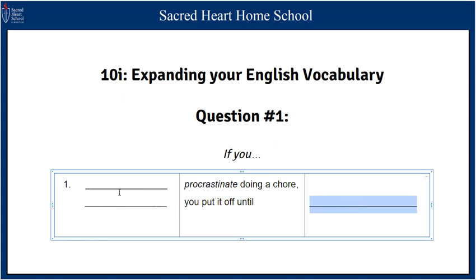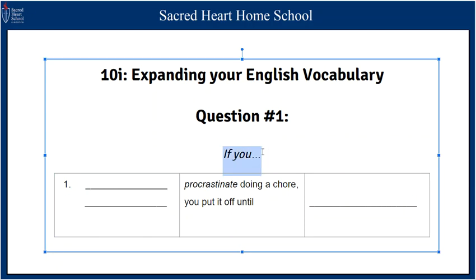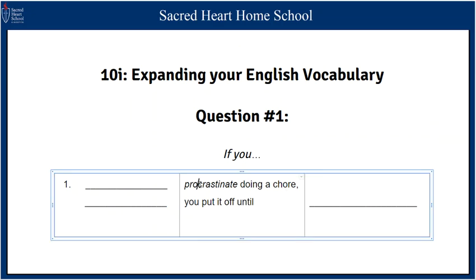So as you see above this column right here, it says the words Latin word and meaning of word. And then above all of them is this sentence. So if you procrastinate doing a chore, you put it off until. So if you notice, cras is in the middle there, and that's the word for tomorrow. So over here, we're going to have tomorrow.